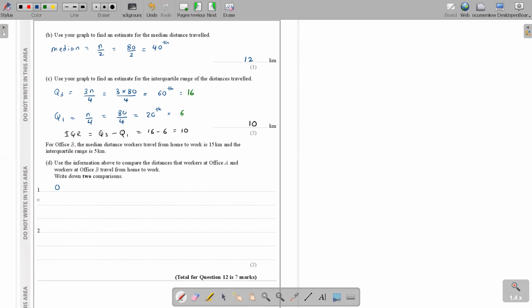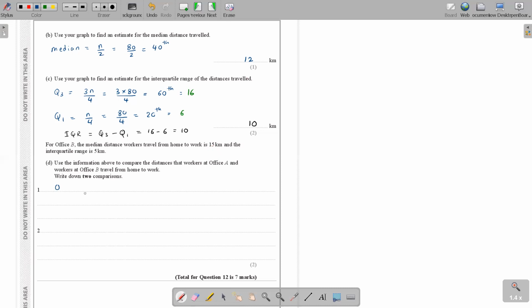At the end of the day, the workers who travel to office B have a further distance to travel than the office A members.